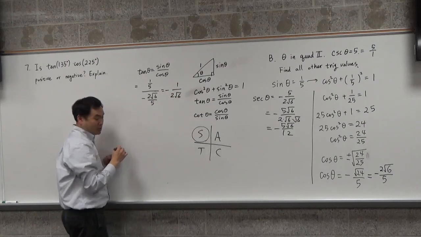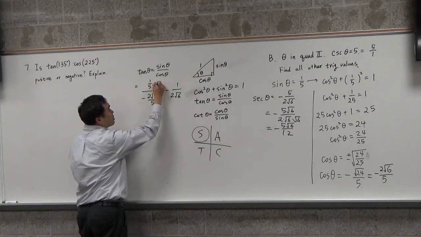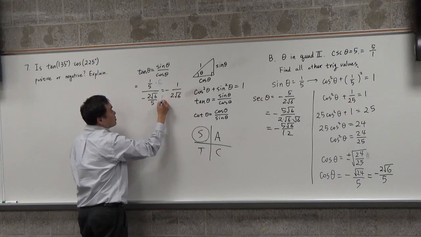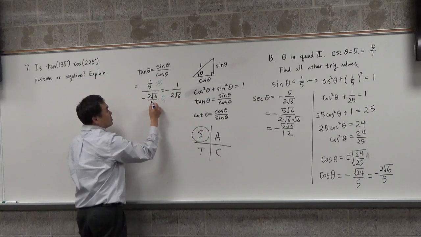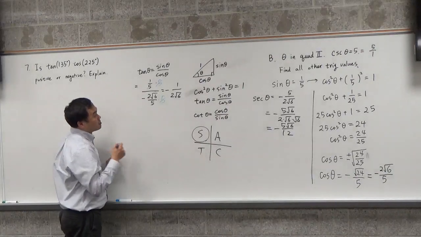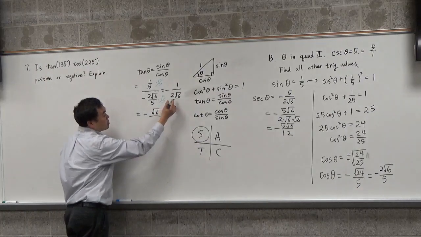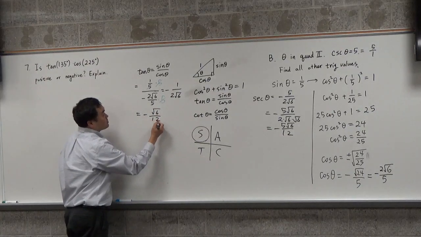So that's what I get. I'm multiplying 5 top and bottom so that these are gone. That's what you get. You multiply square root of 6 top and bottom, so you get square root of 6 over 2 times 6, which is 12.